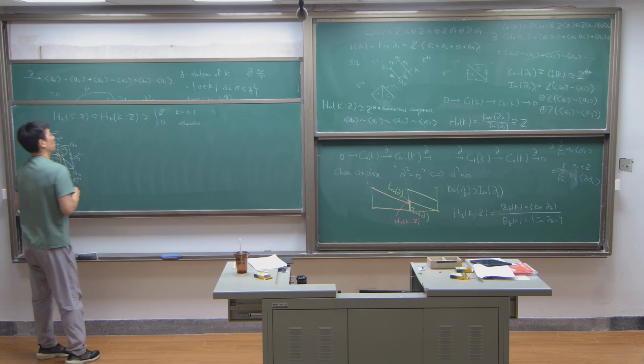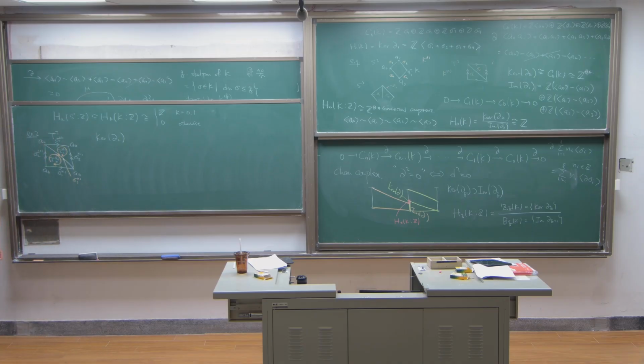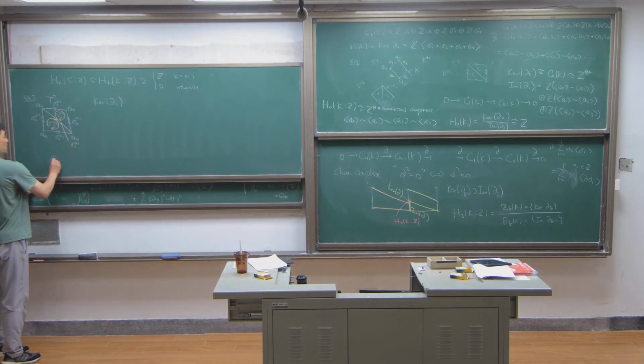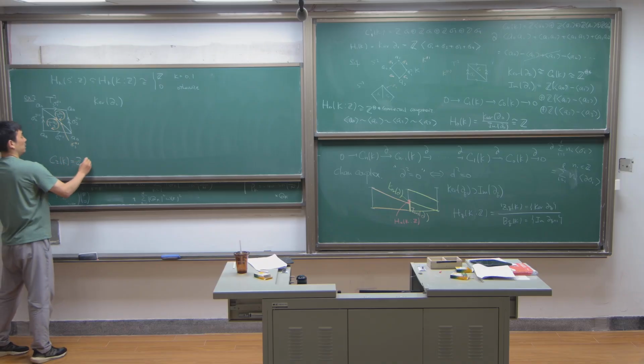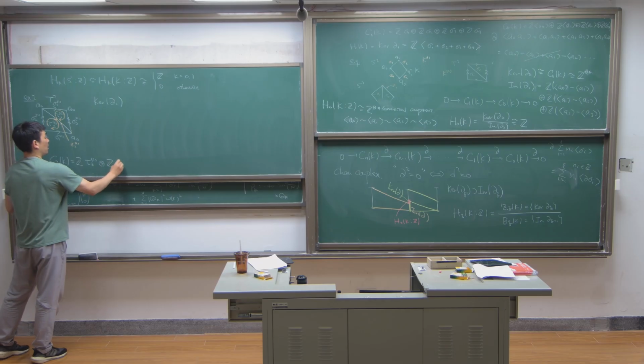So what is the kernel of boundary 2? C2 of K is C tau 2 1 plus C tau 2 2.